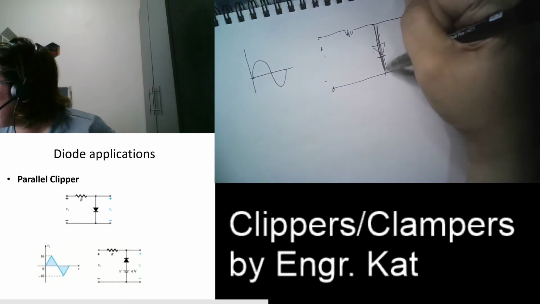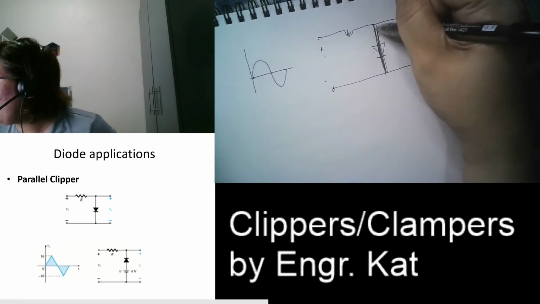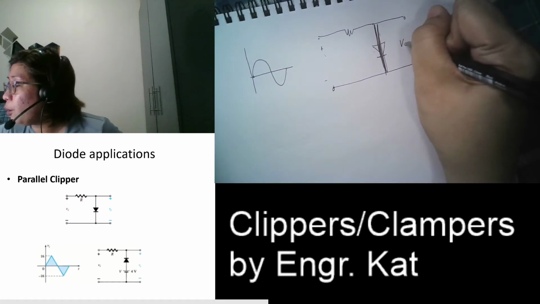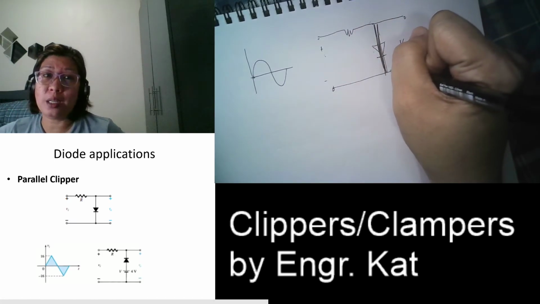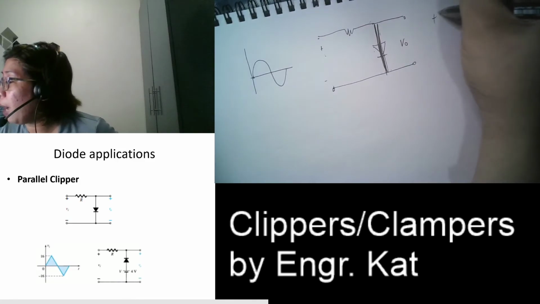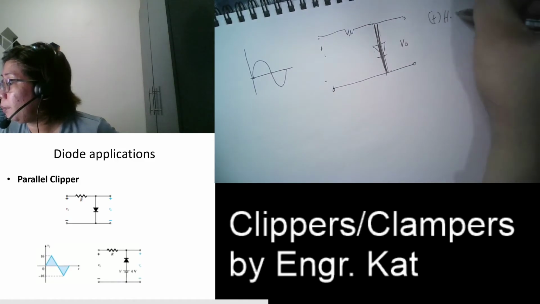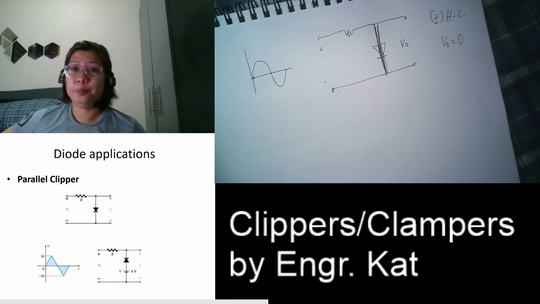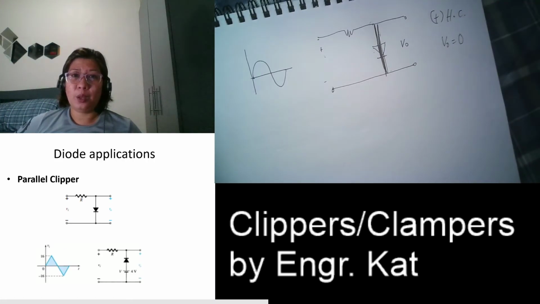It is shorted. The voltage across this is equal to 0. So since your output voltage is in parallel with this short circuit, during the positive half cycle, your output is equal to 0. Like that. Okay?